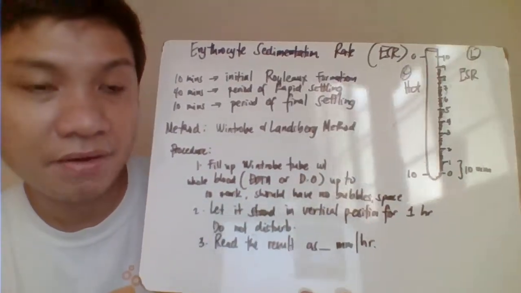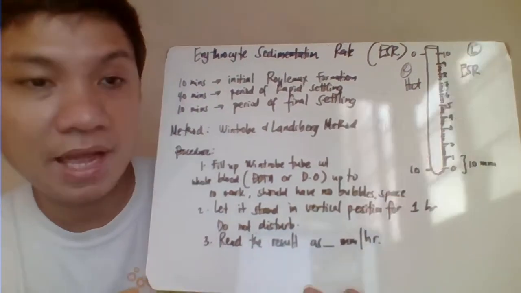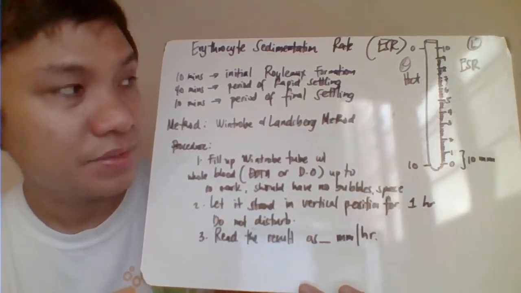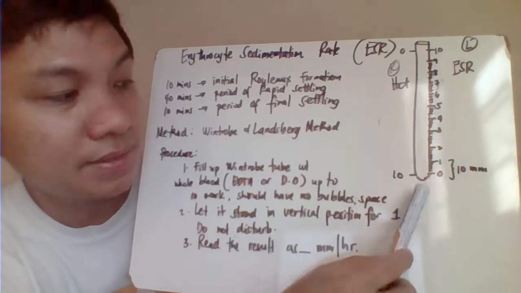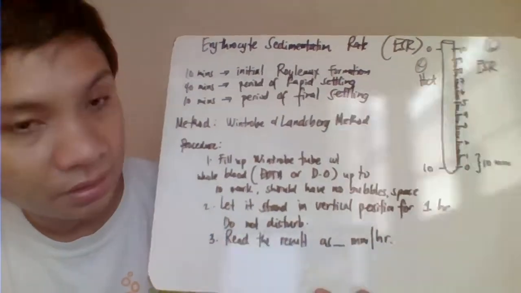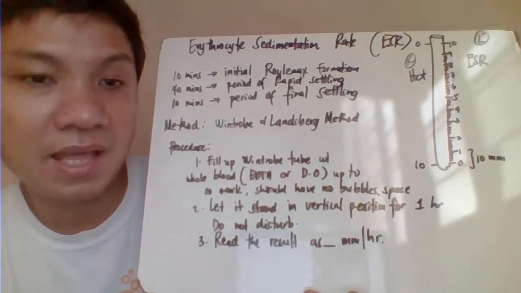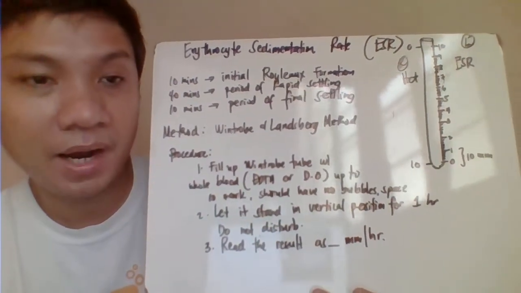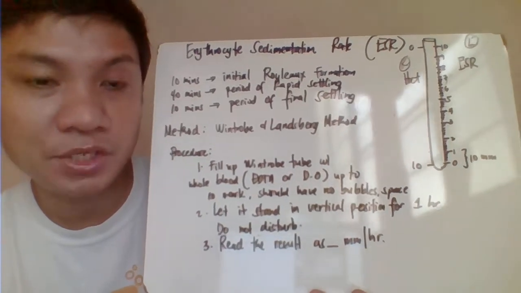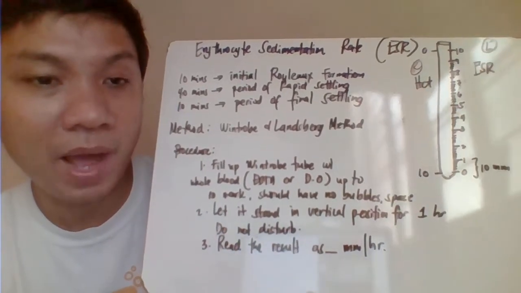The other side of your Wintrobe tube we use for the hematocrit determination. That has its own graduation marks, so 0 at the top and 10 at the bottom. For the procedure, we just need to fill this with our blood. You need to make sure that your blood is well mixed.